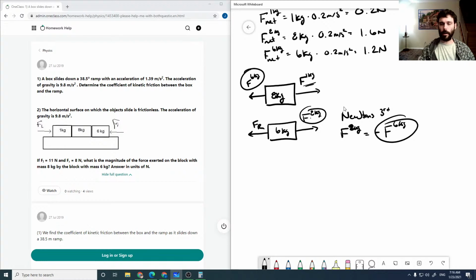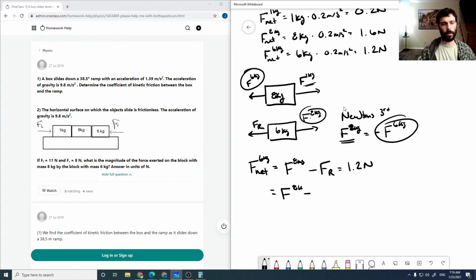So we can get our force of our 6 kg by solving for this F8 kg. So our F net on our 6 kg block is F8 kg minus Fr, which is equal to this 1.2 newtons.